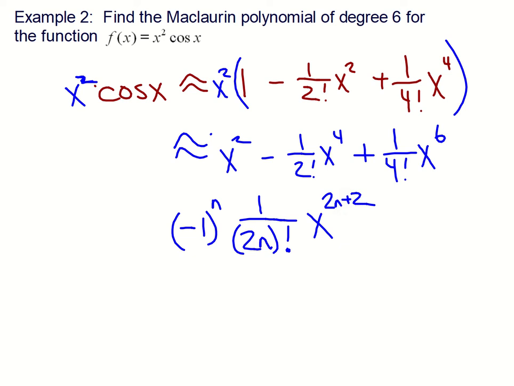So this would be the general term. On the AP test, a lot of times they'll ask for the first 3 non-zero terms as well as the general term, something like that. So that was a little bit of a continuation of the example we had just done.